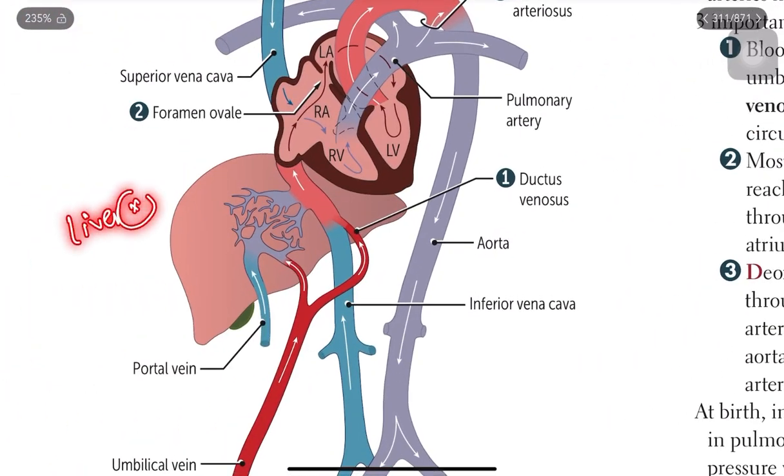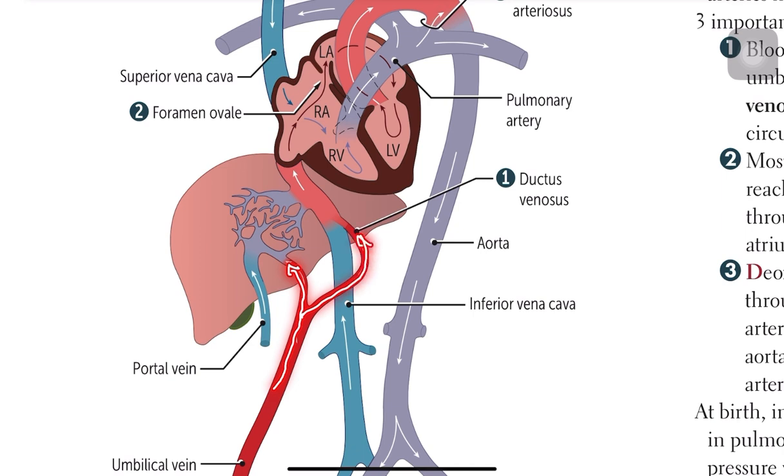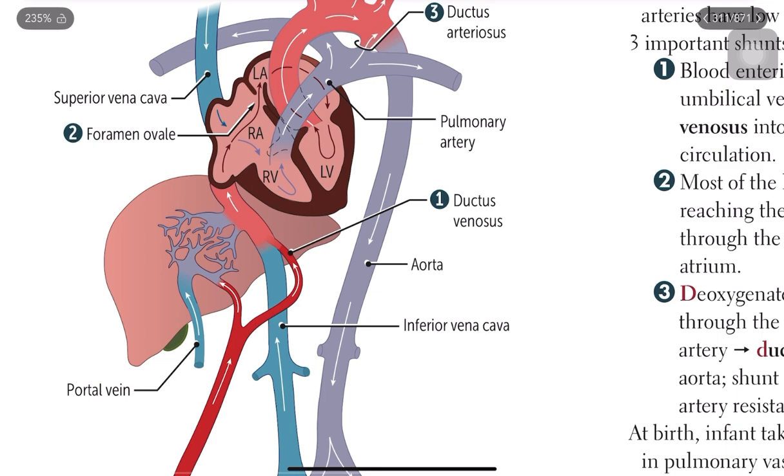Your liver doesn't need blood, so any blood entering the umbilical vein will not enter the portal vein. It would enter simply into the IVC. So you have here one vein and here one vein. The duct that connects both of these is nothing but the ductus venosus. This ductus venosus helps in circulation of the blood from the umbilical vein to the inferior vena cava.